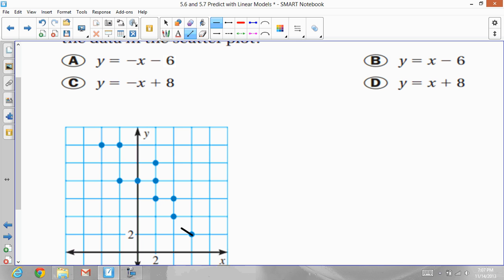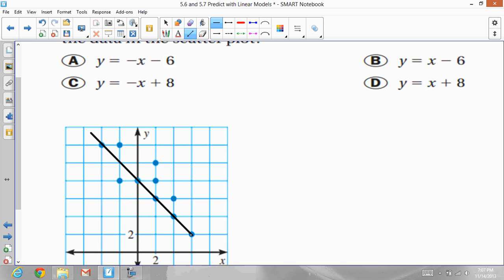If I catch this point and this point, it's only going to fall within 3. If I catch this point, it's only going to be 1. So draw a line through the majority of the points.